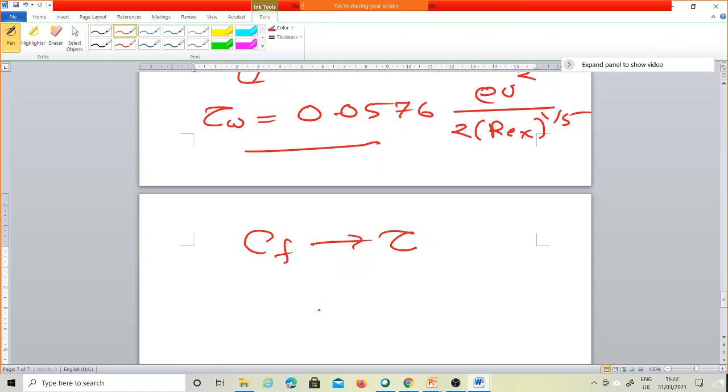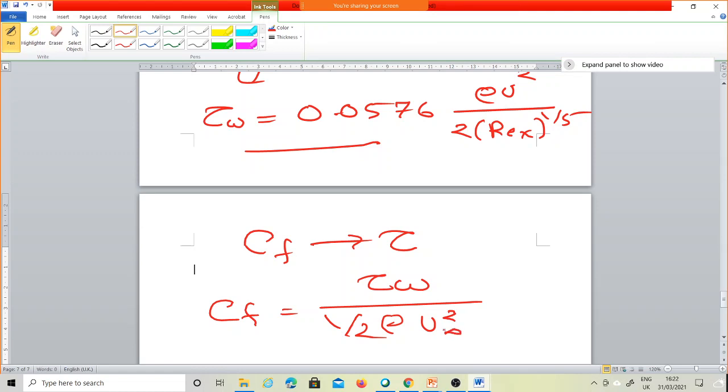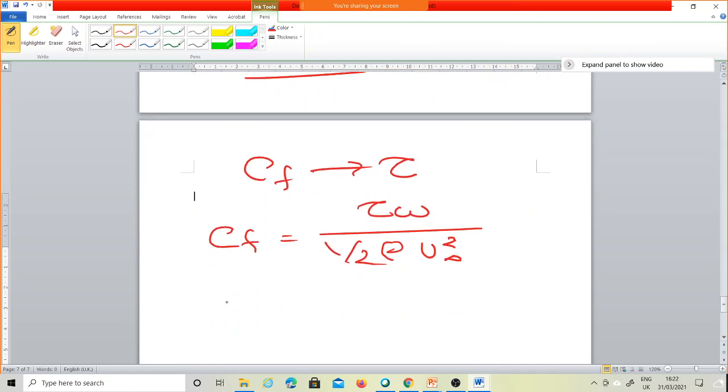What you need to do is very simple. So Cf should be tau w divided by half rho u square, that is u infinity square. So just put the value of tau in this case, and you will simplify it in this way.